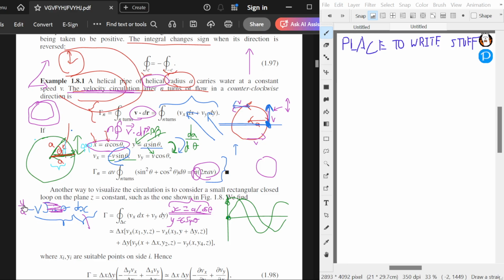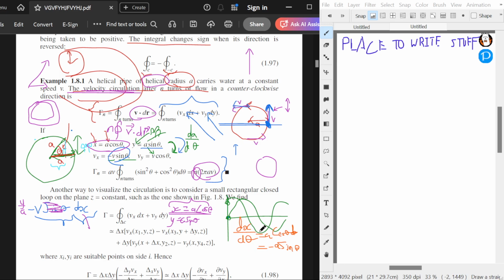So dx d theta equals a cos theta d theta, which I believe is, it has been a while, I can't lie, minus a sine theta, maybe?